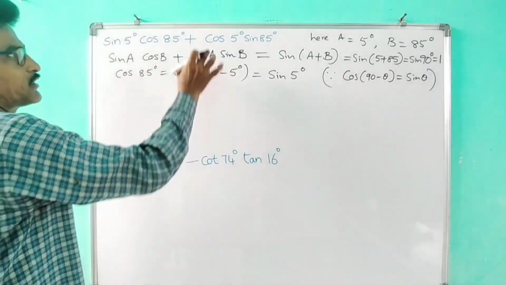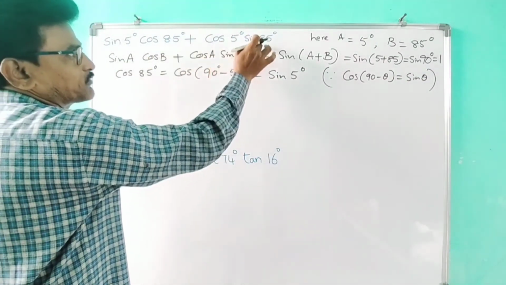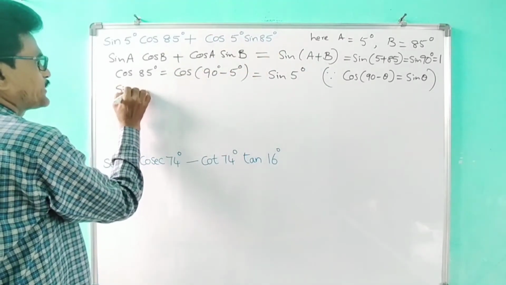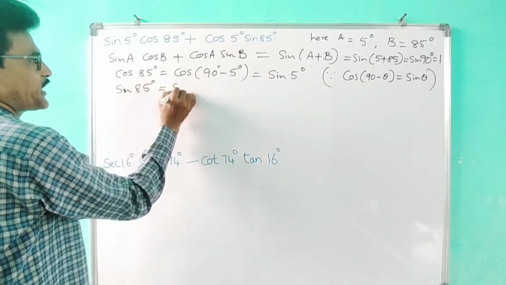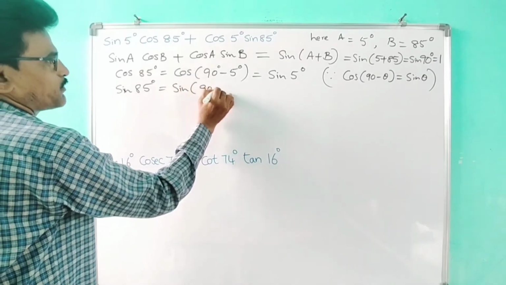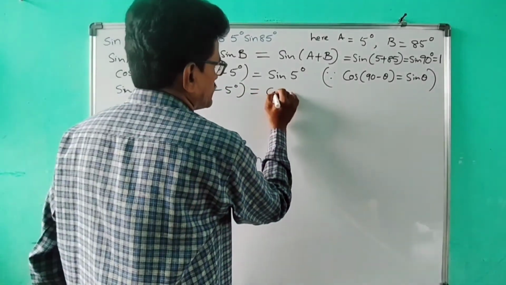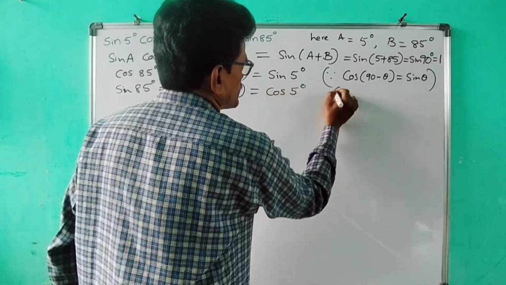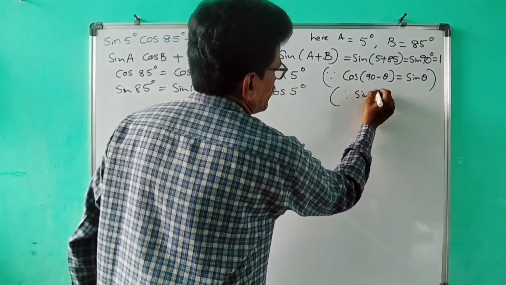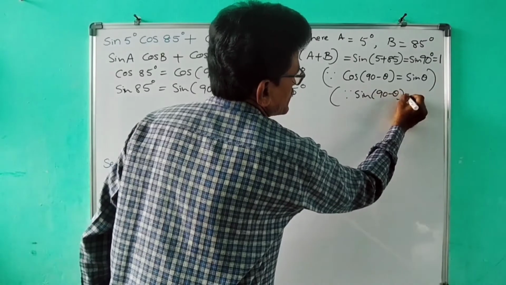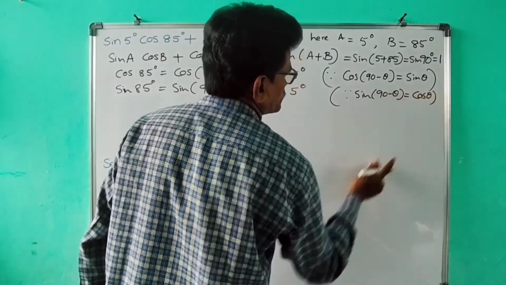To get cos square 5, we have to change sin 85. Sin 85 degrees I am changing as sin(90 minus 5) degrees. This is also sin(90 minus theta), which is nothing but cos 5 degrees, since sin(90 minus theta) is cos theta.